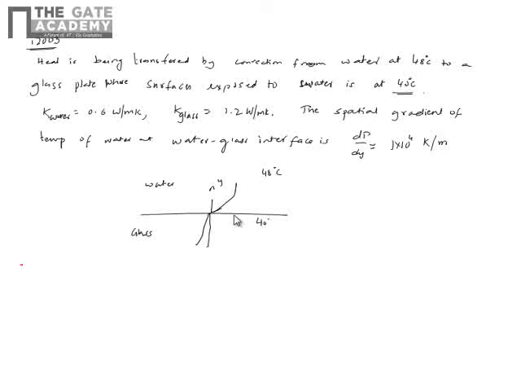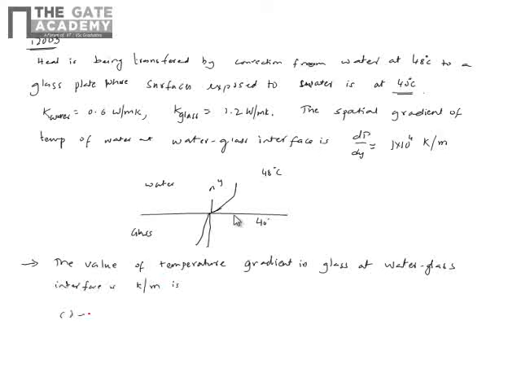So the question is the value of the temperature gradient in the glass at the water glass interface. Options: A, minus 2 into 10 power 4; B, 0; C, 0.5 into 10 power 4; D, 2 into 10 power 4.